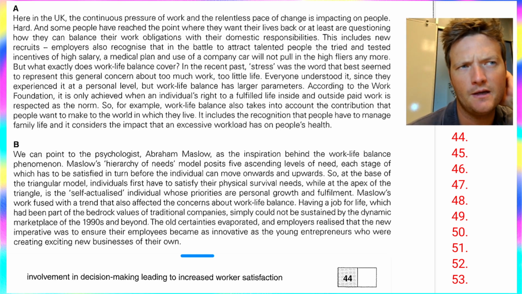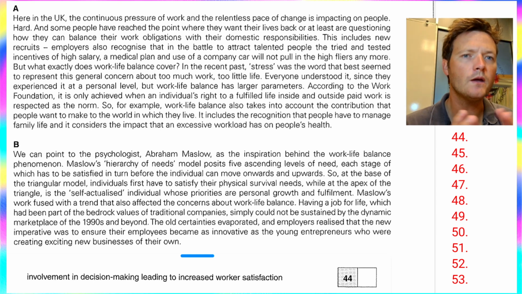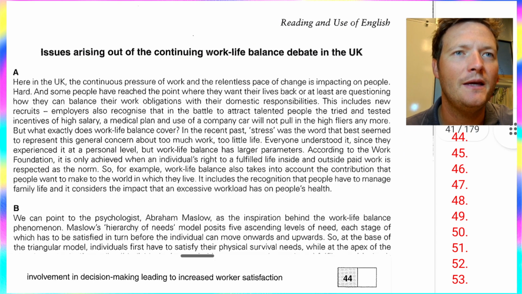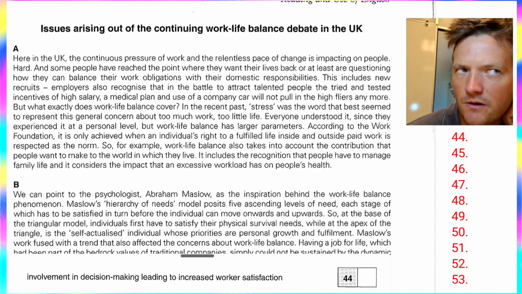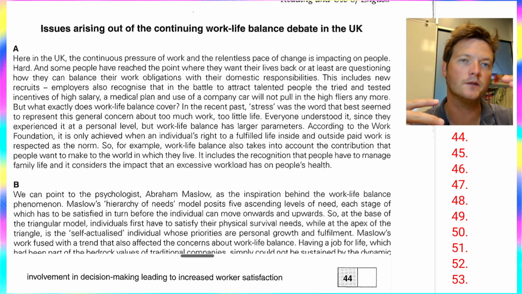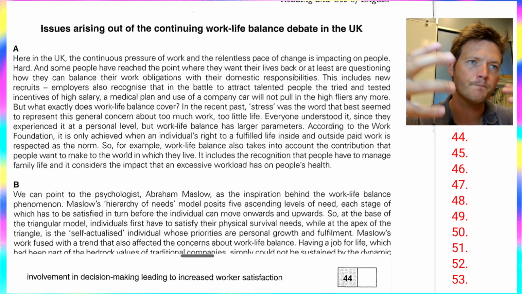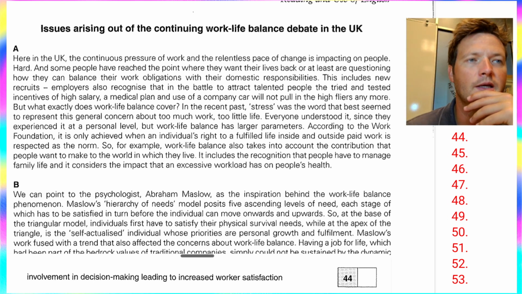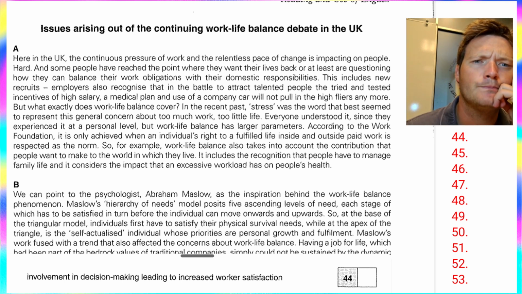So what am I thinking about here? Involvement in decision-making. So we're talking about issues arising out of the continuing work-life balance debate in the UK. So we're going to be debating about how important your personal social life is, getting the balance right between working as much as you can and making the most of your personal time, your free time, things like that.